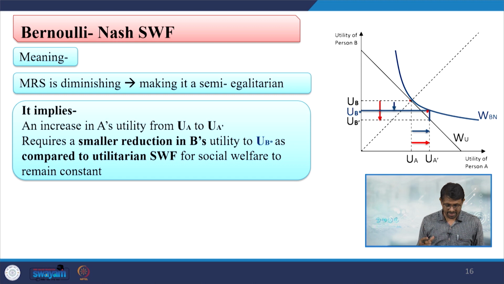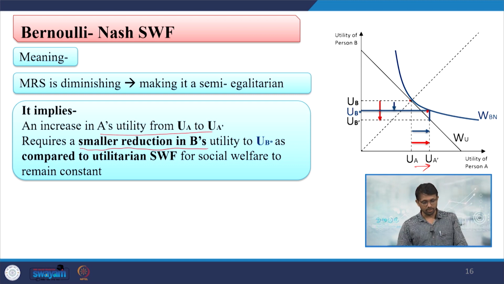However, in this case it is not completely the same compensation or adjustment. There is a smaller reduction in B's utility to UB star for an increase in A's utility from here to here, as compared to the utilitarian social welfare function, which was considered to be constant because we took the linear function.